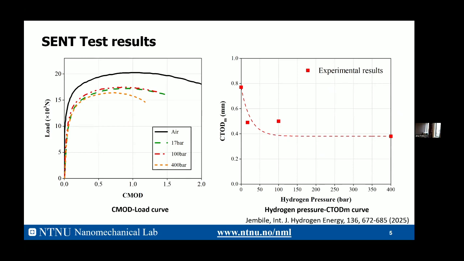Similarly, by monitoring the CTOD value at the maximum load, you can see clearly the lower values of the specimen, especially when the hydrogen is firstly added to the material. It has a very significant reduction of the toughness of the specimen.